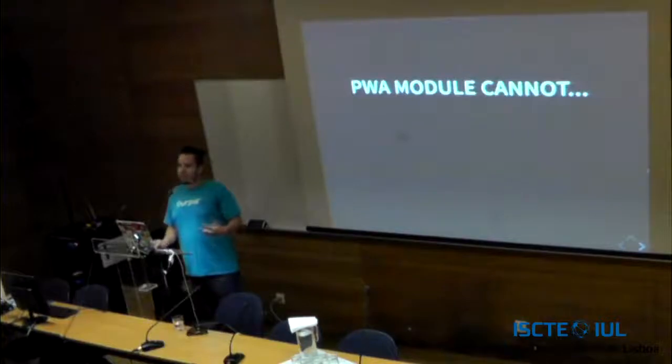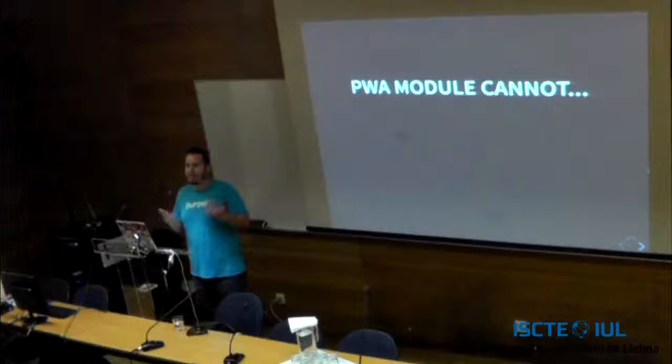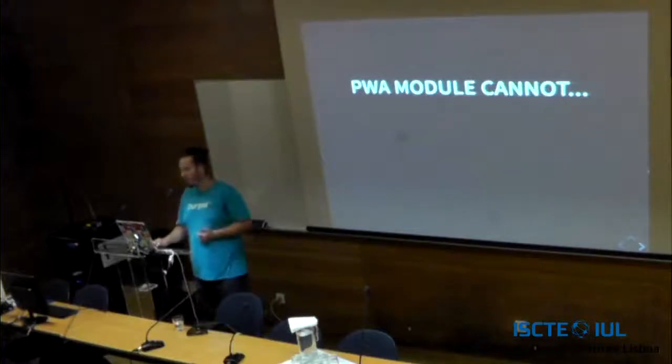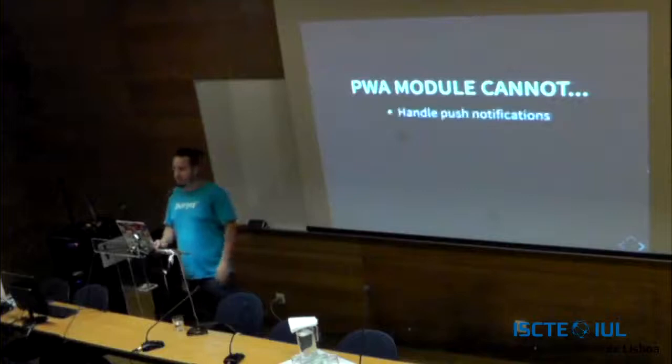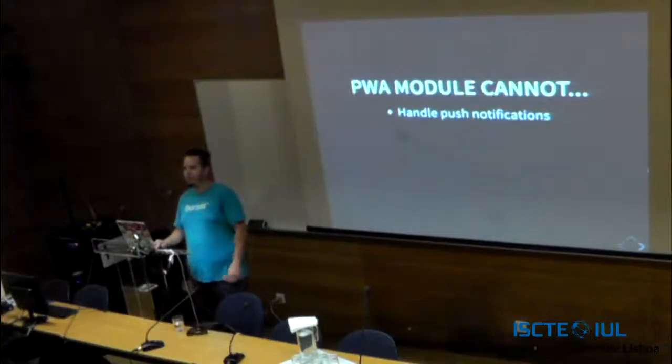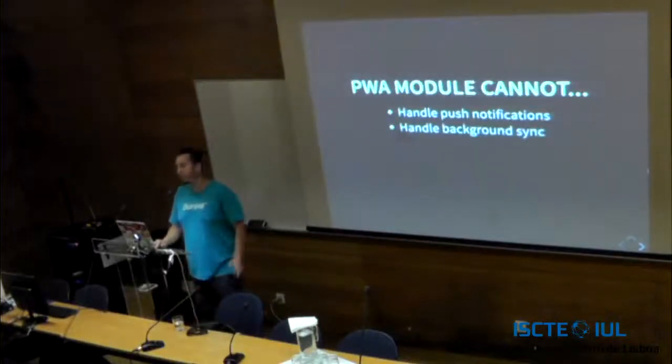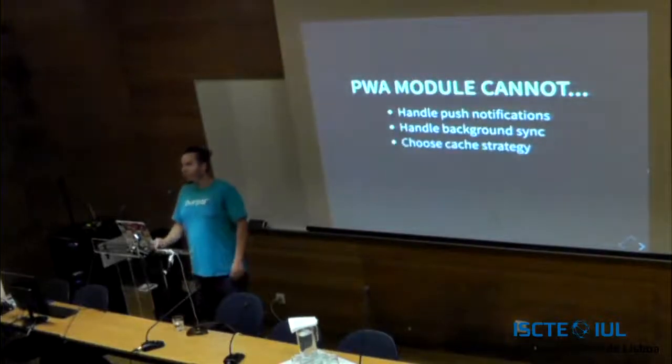Some of the other things that native apps do that provide a lot of engagement are push notifications and content updates in the background and so forth. The module can't do that kind of thing now. It's a basic module, so it does not handle push notifications or background sync. It also doesn't let you choose how you're caching the assets.